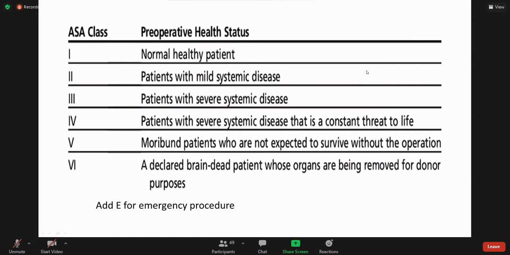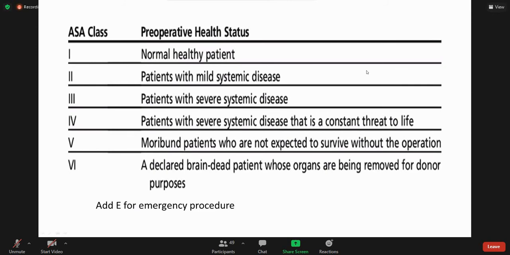If not, and he says my blood pressure is not controlled and I am also having its complications, for example, the patient will tell that I have some blurring of vision as well, I had a history of ischemic heart disease, or I had a history of stroke. So these all are the complications of hypertension. So the patient will fall in ASA3 criteria.